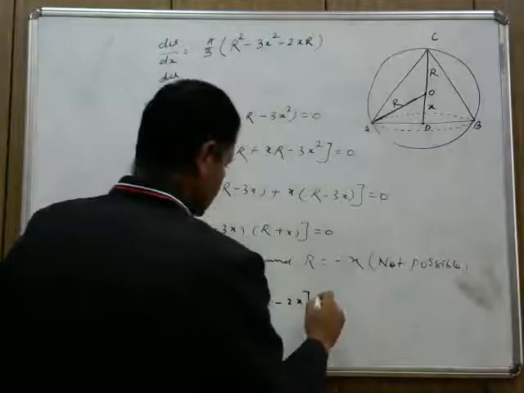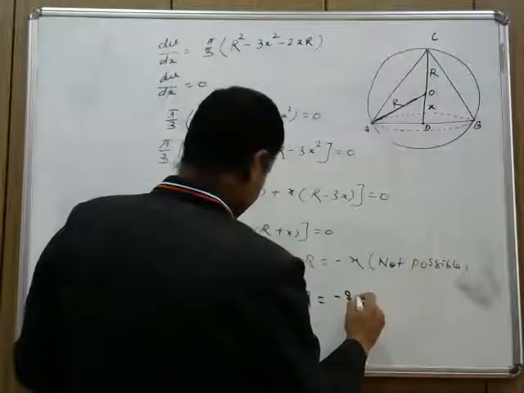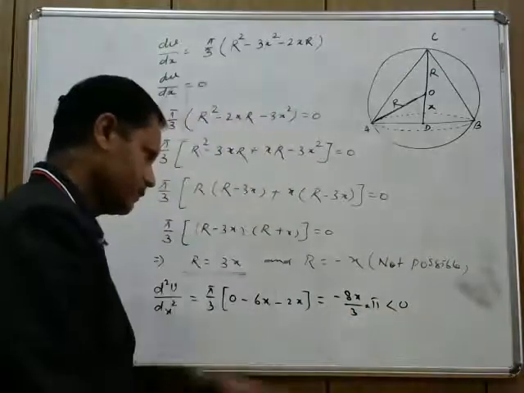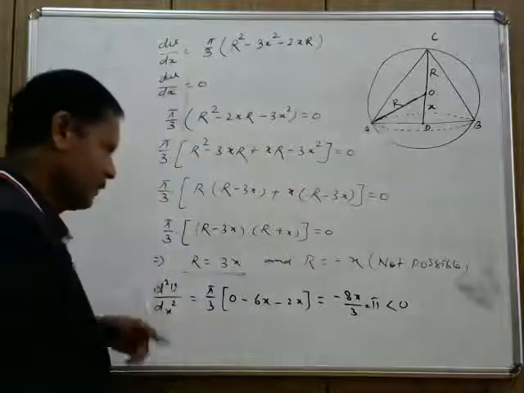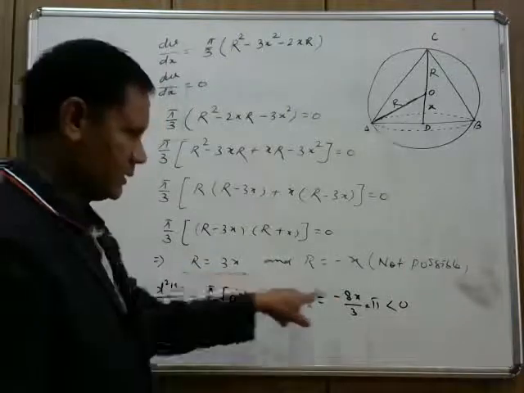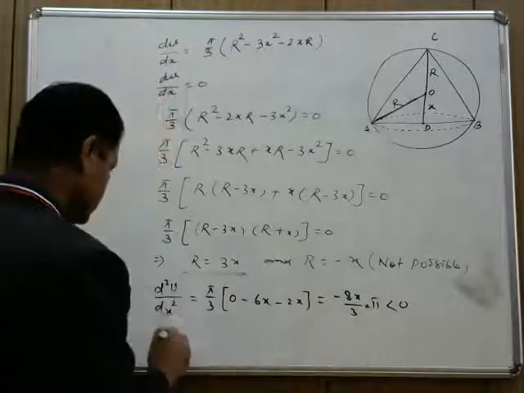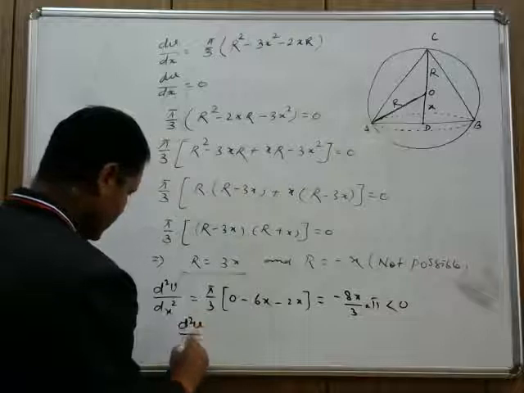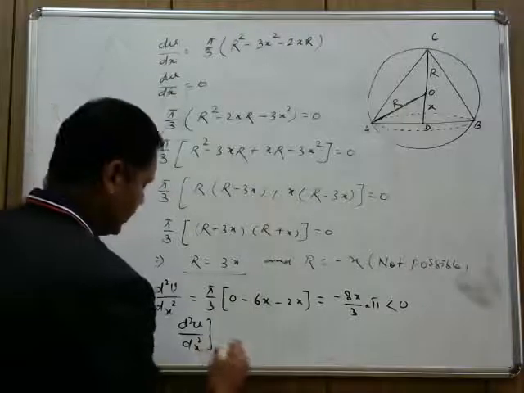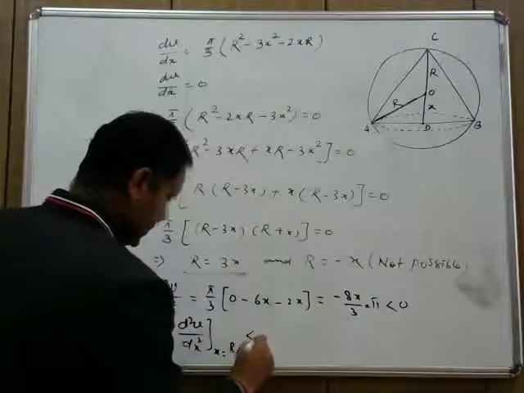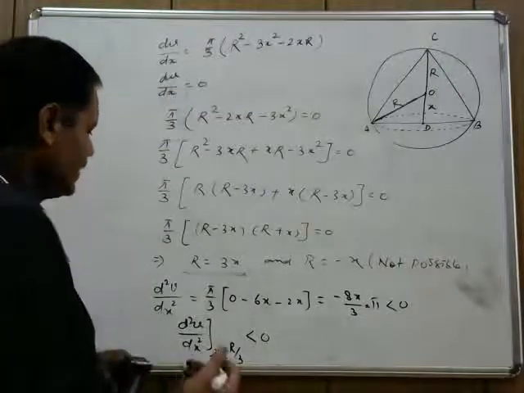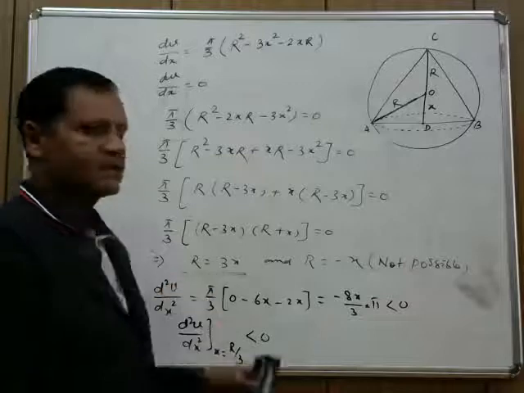That is minus 8x by 3 into pi, which is less than 0, negative, and that's why if I put here r is equal to 3x or x is equal to r by 3, I can put x is equal to r by 3. That means d square V by dx square at x is equal to r by 3 is less than 0, and therefore it will have maximum volume at r is equal to 3x.